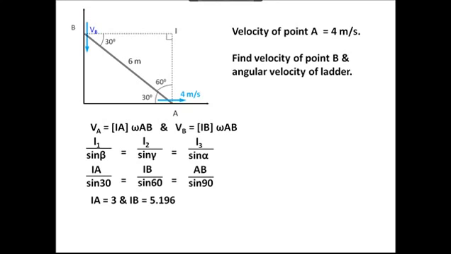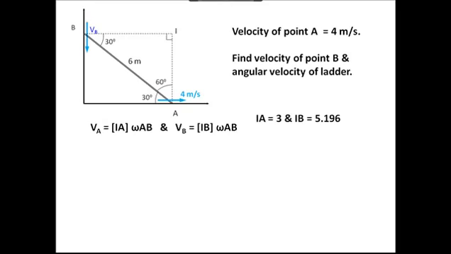So we keep this information here. Let's use VA equals IA into omega AB. IA we have worked out as 3 and VA is given as 4, so omega AB is 1.33 radians per second. Now let's use VB equals IB omega AB.